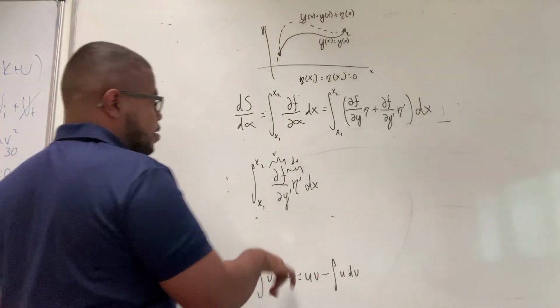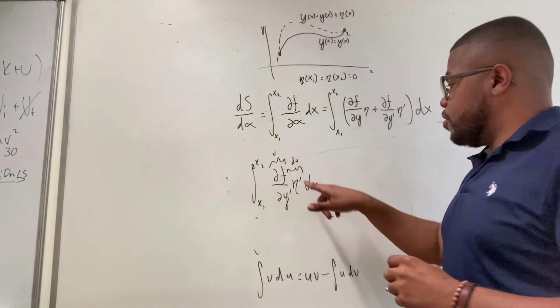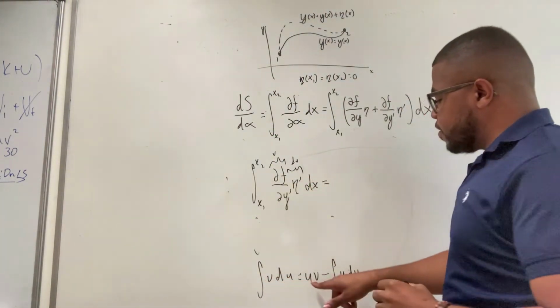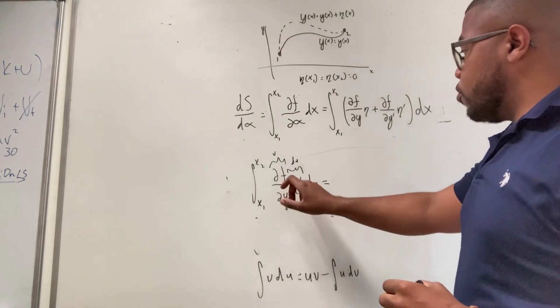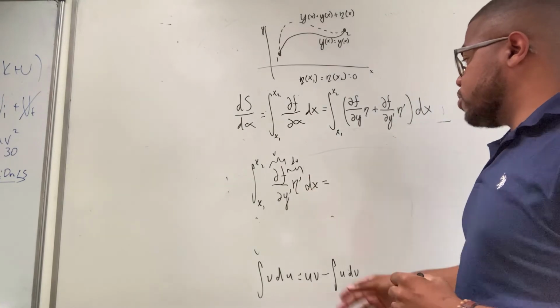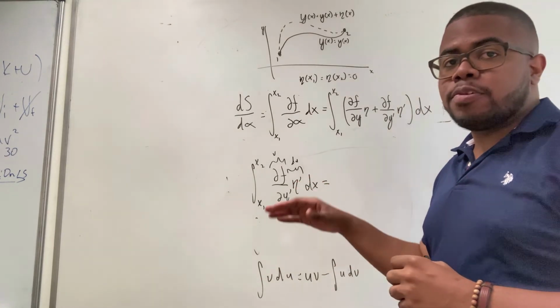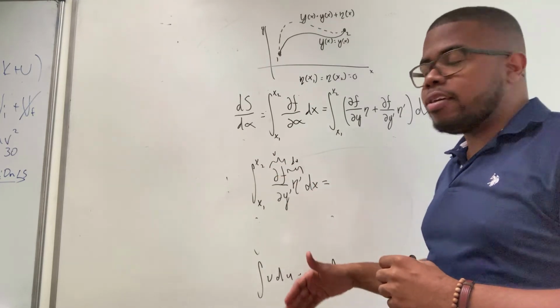Using this expression right here, we can now see that if we have our integral of v du, then what we shall have on this side is uv. So u in this case will be the integral of eta prime with respect to x, where eta prime just stands for d eta over dx.